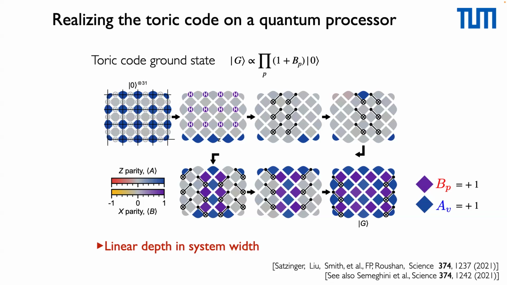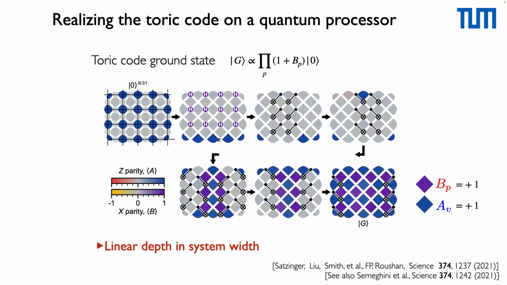This product state of zeros is already the ground state for all vertex terms, and this is indicated in this drawing by a blue shade of the plaquette. The plaquettes correspond to the vertices, and I color them blue for being in a parity even state, which means this is the ground state of the vertex term, and I would color them red if they're in the excited state.